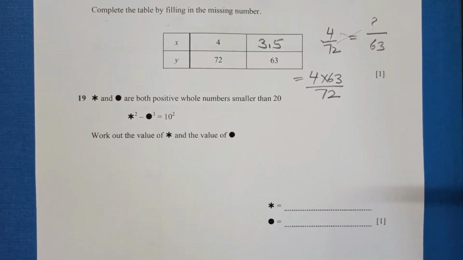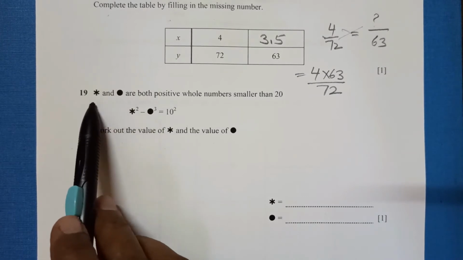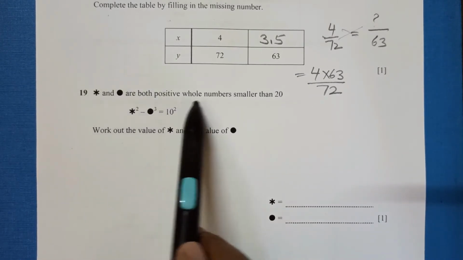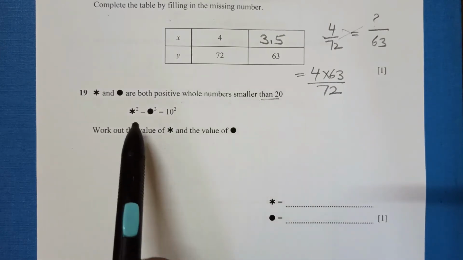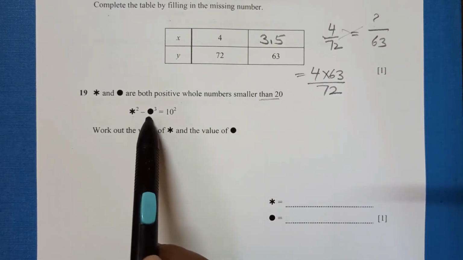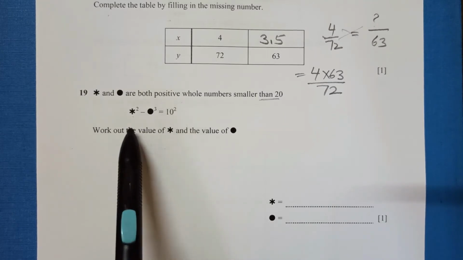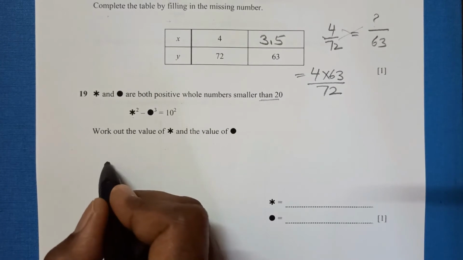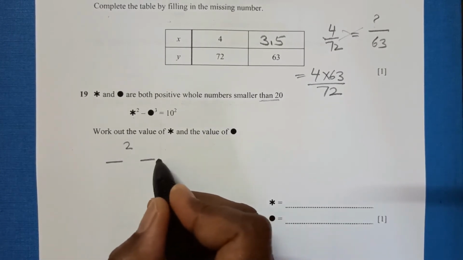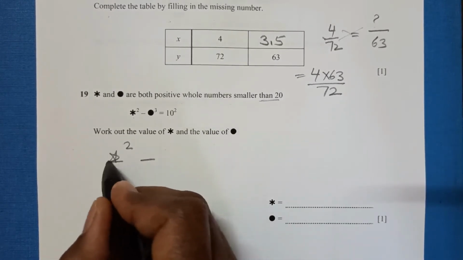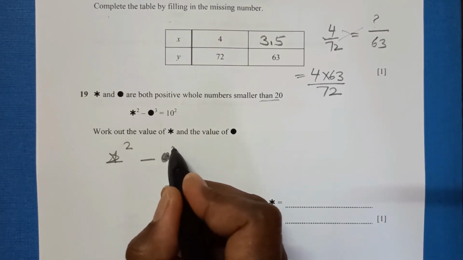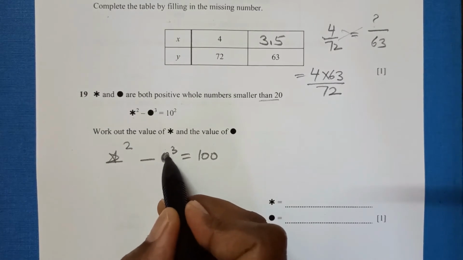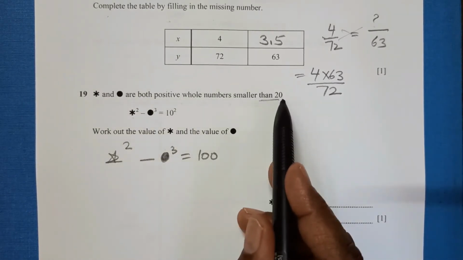Next, question 19. You are given that this star and this circle are both positive whole numbers smaller than 20. So star squared minus this shaded circle cubed equals 100. So you need to take some numbers below 20.